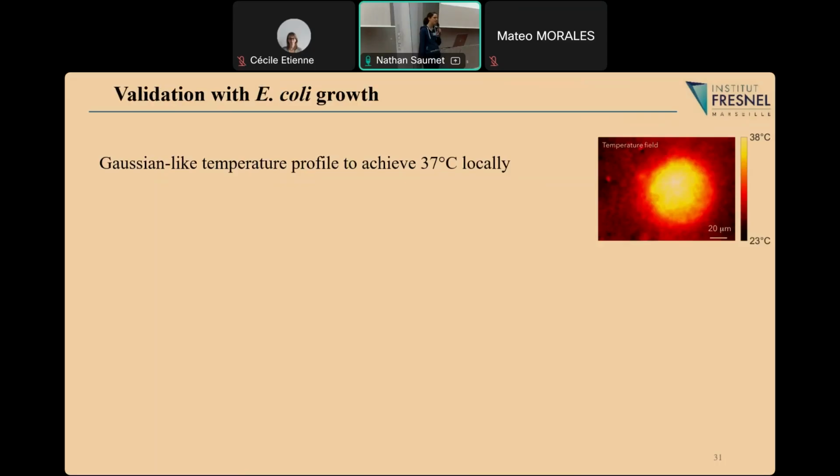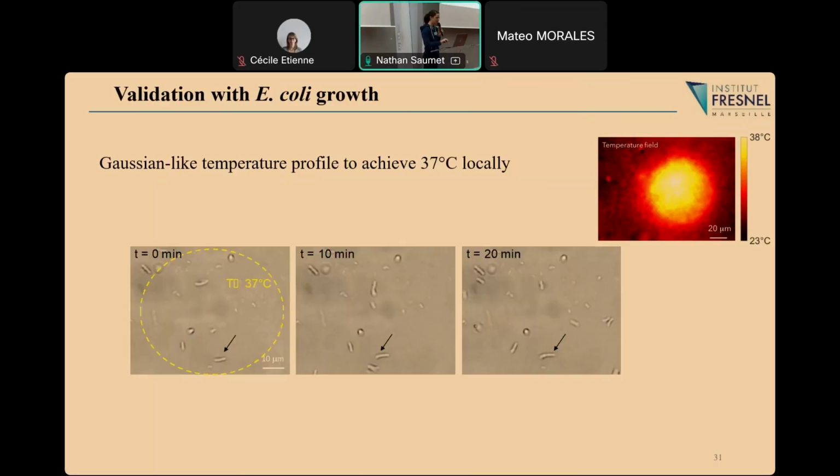So the first experiment that I carried out was on Escherichia coli, a well-known bacteria. I sent the laser beam on the sample, so I imaged this with the camera. So I know that at the center of the beam, I have 37 degrees. And here I observed the growth of some bacteria. This bacteria is growing.